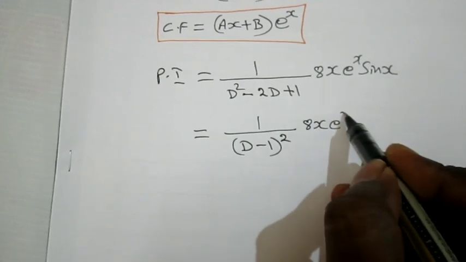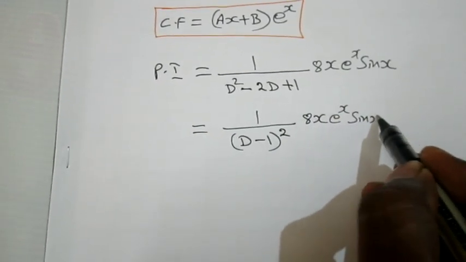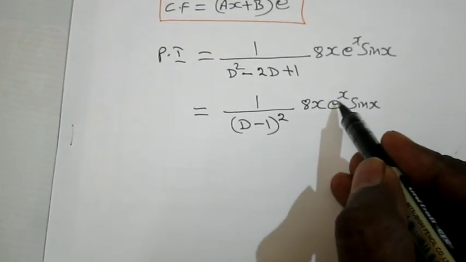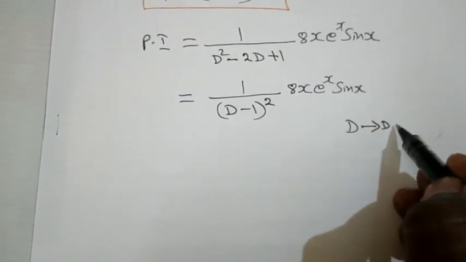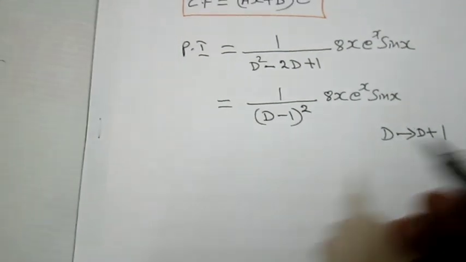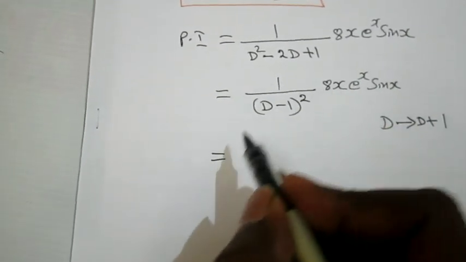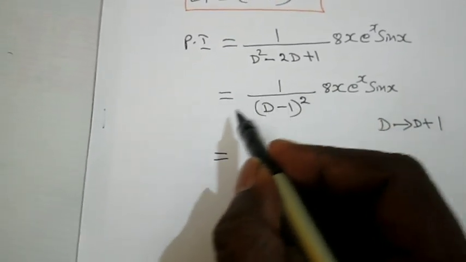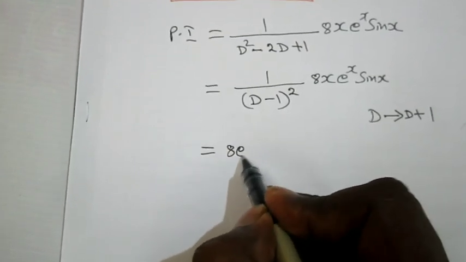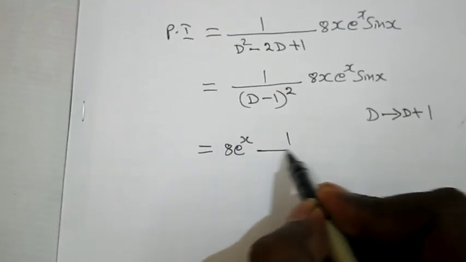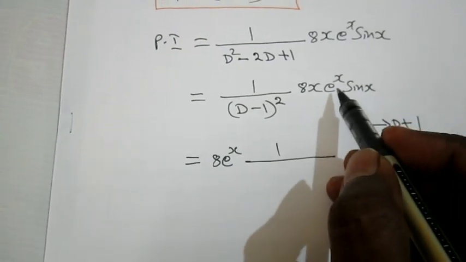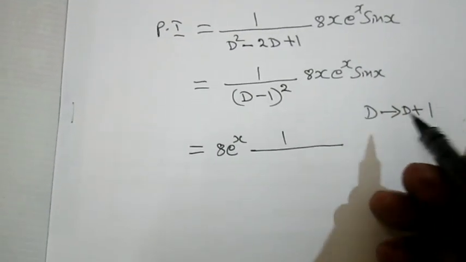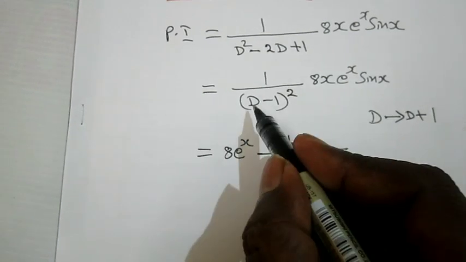8x e power of x into sin x. So e power ax, the x coefficient is 1. So here I am going to replace D by D plus 1. So the term e power x can be taken outside, along with the 8 also. So 8 into e power of x taken here. At the same time replace D by D plus 1 for e power ax, the remaining term being v.